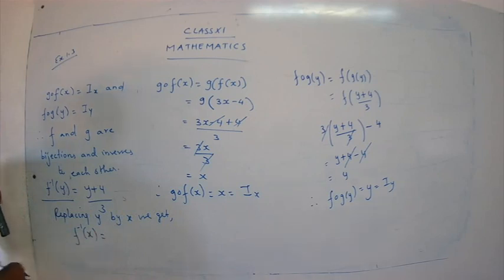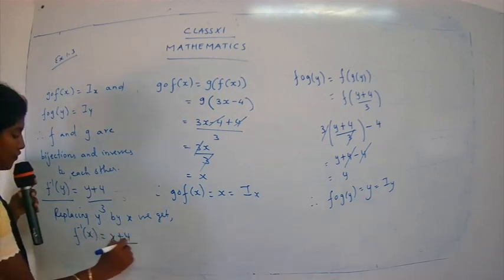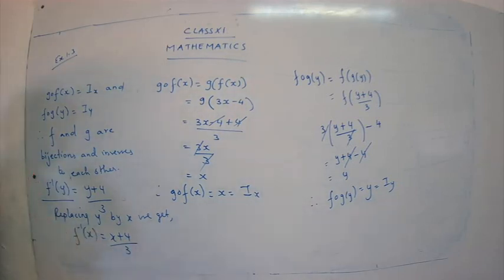Wherever you have y, it will be taken as x. So you get (x plus 4) upon 3. So replacing y by x, we get f inverse x is equal to (x plus 4) upon 3. This is the first part, that is, we have found the inverse of a function.